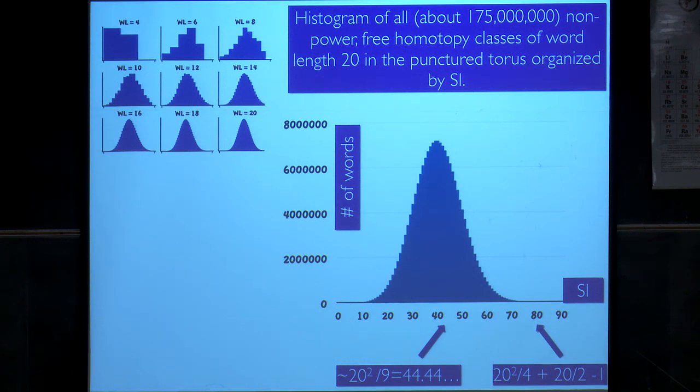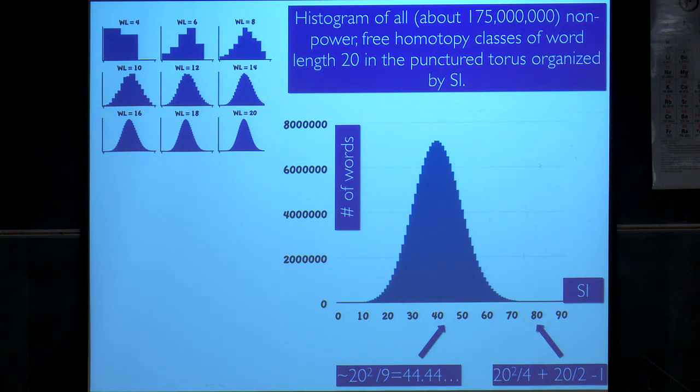I was playing with a computer, and then I saw this Gaussian, and there was this probabilist at the University of Chicago who worked in similar areas, and I wrote an email and said, look, I think this distribution of self-intersection, when you sample by word length, is a Gaussian. And he answered, I don't think so. So I sent him this picture, and he answered, let's prove it.